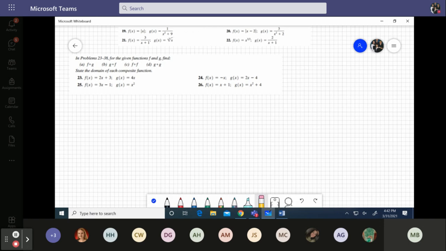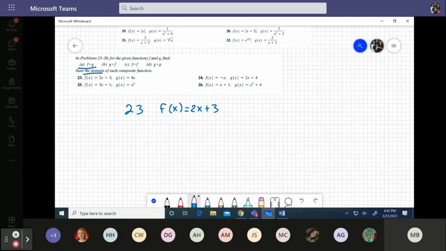I need to know what is f of g, and I need to know the domain. So I'm going to kind of answer that domain first, because if I'm doing problem 23, I have f of x is equal to 2x plus 3.